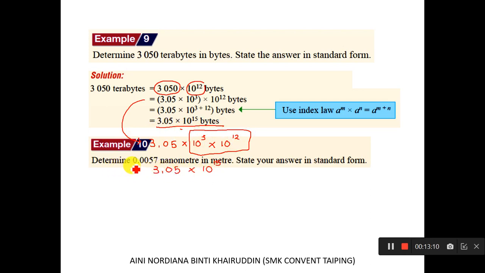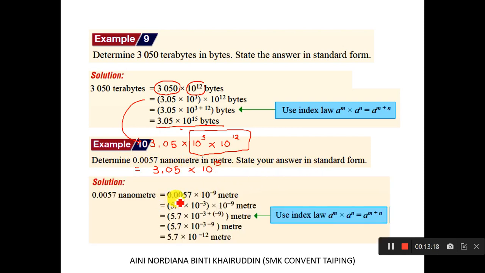Alright. Okay. Determine 0.0057 nanometer in meter. State your answer in standard form. First, okay, this is the question. This is the conversion from nanometer to meter. This one also you can refer to the table of conversion in your textbook.